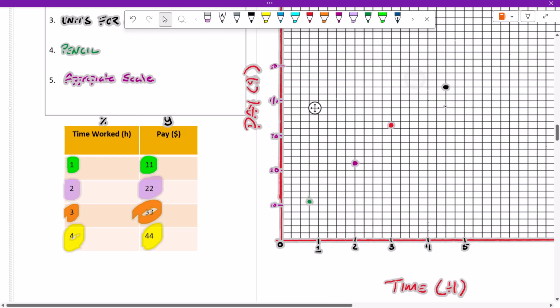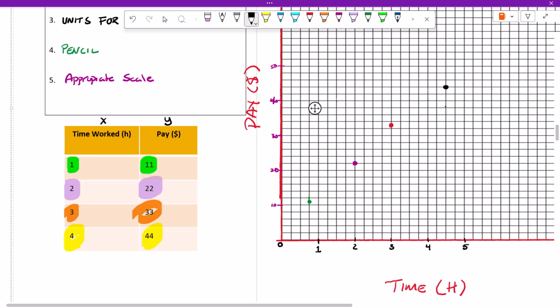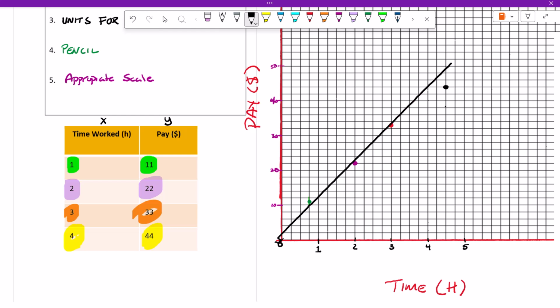And my lines go like this. As much as you can. Oops, something's off. Am I off? Ooh, that's why. I put my last dot off.